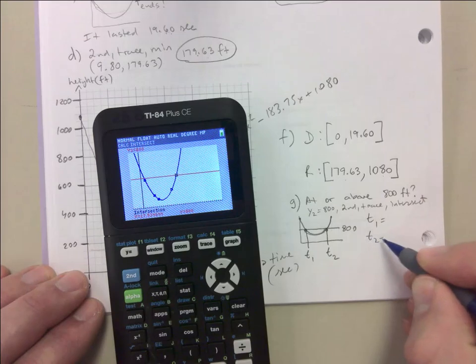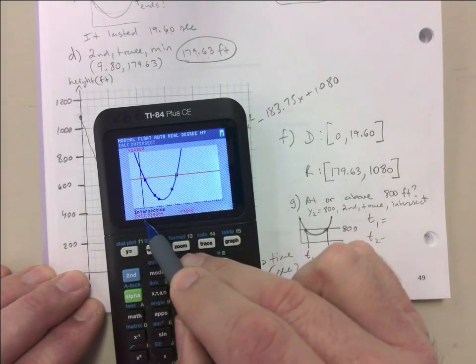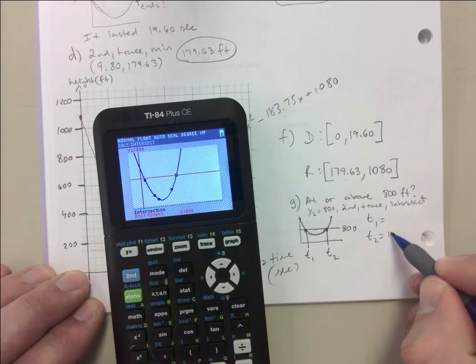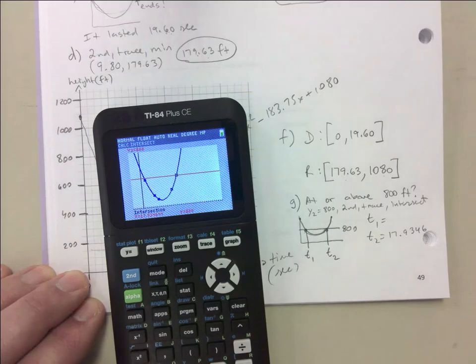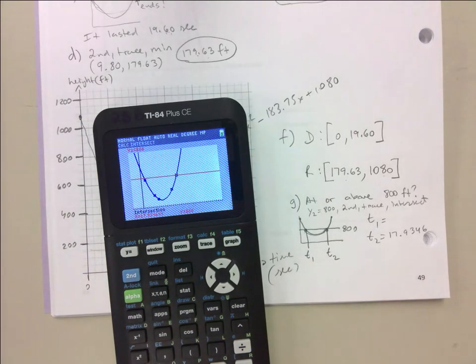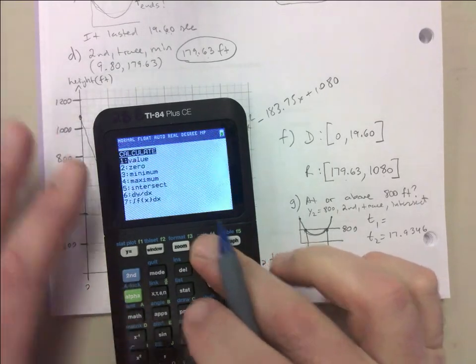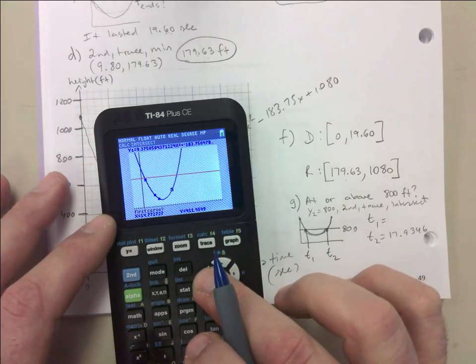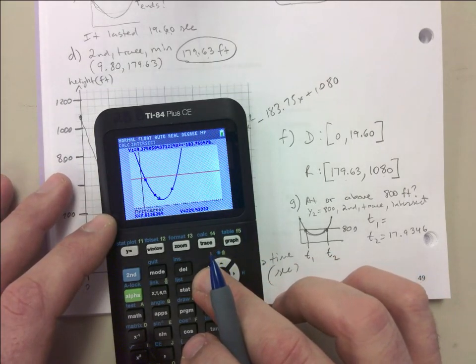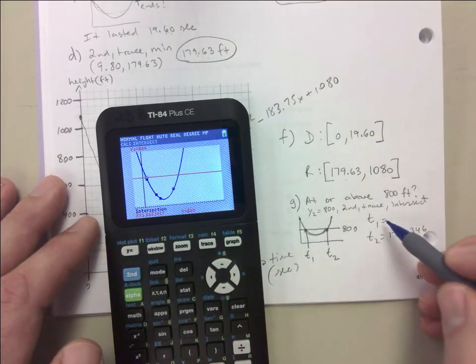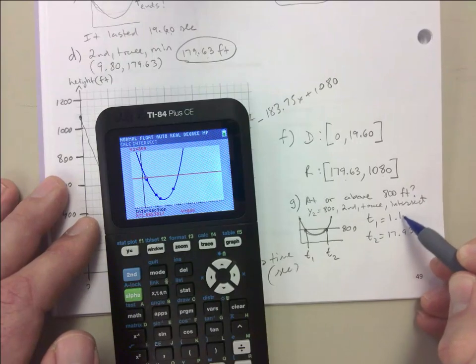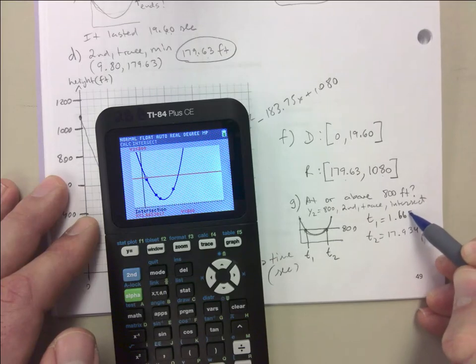Time 2, for me, is 17.9346. And then time 1, you go over to this side, enter, enter, enter. That one is 1.6653.